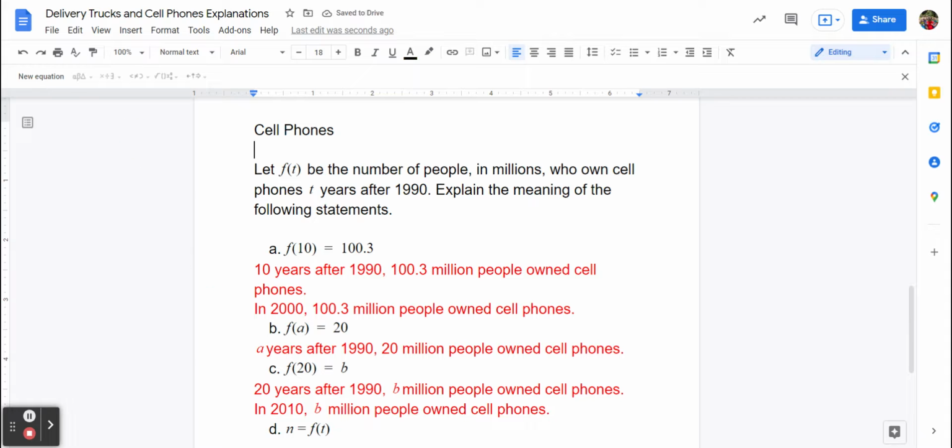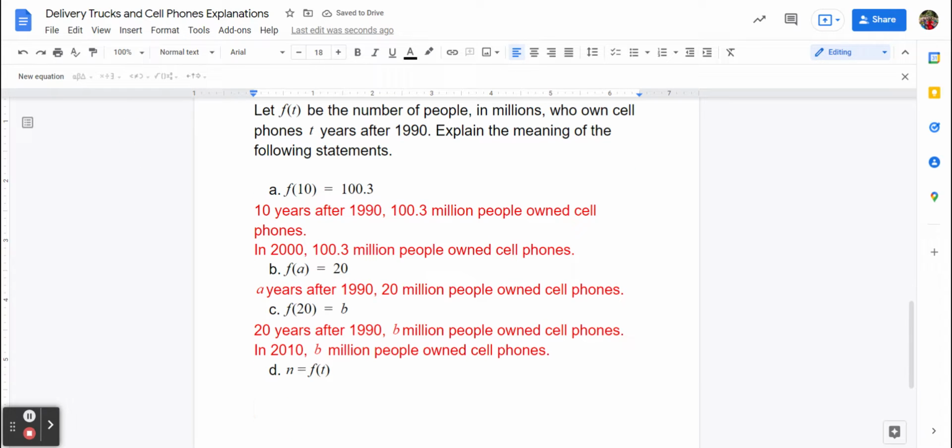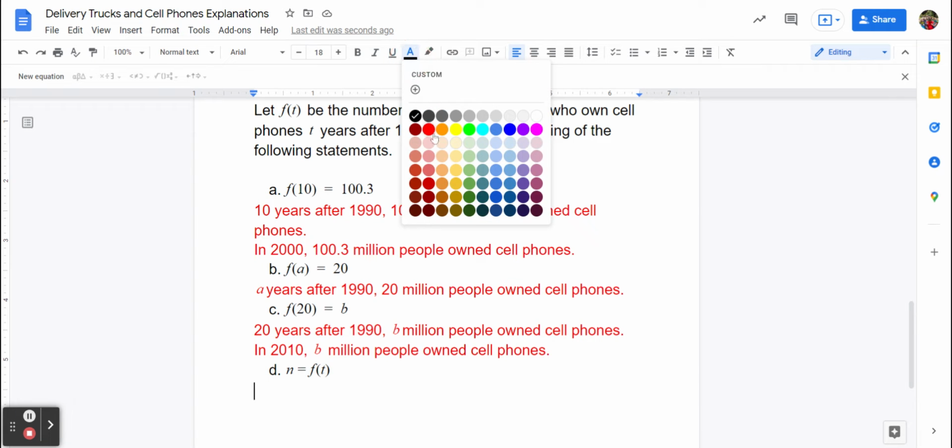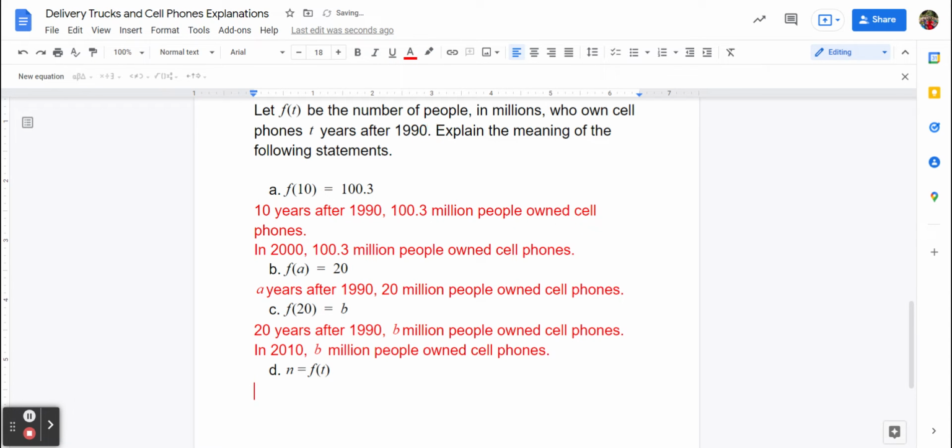All right, and then this last one, we don't have any actual numbers, so we're just interpreting what the function is telling us. So this is telling us that n million people owned cell phones t years after 1990.